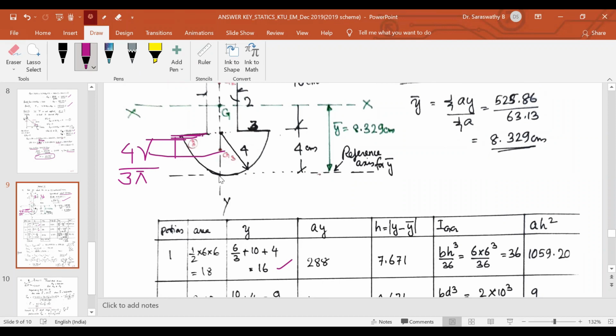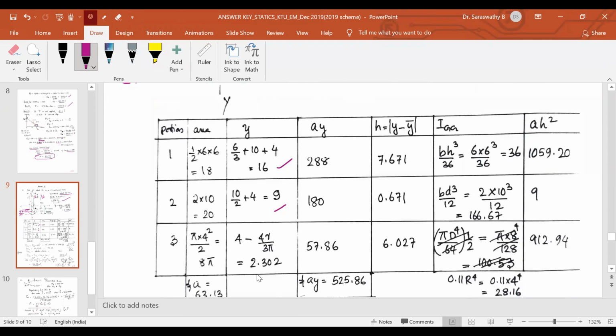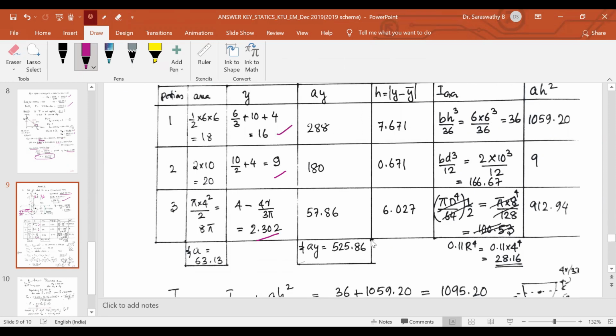If you have to get the distance up to this, 4 is the total height, so it will be 4 minus 4r by 3 pi from the bottom. So you have got this also. So do a1 y1, a2 y2, a3 y3, sigma ay, sigma a.